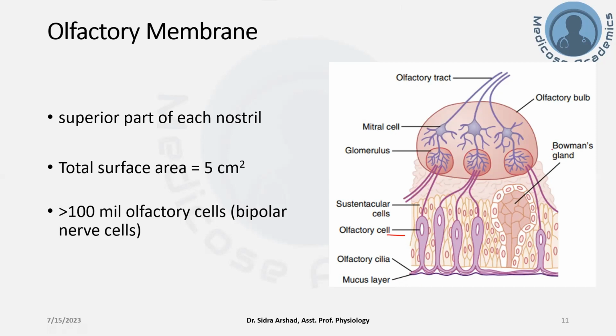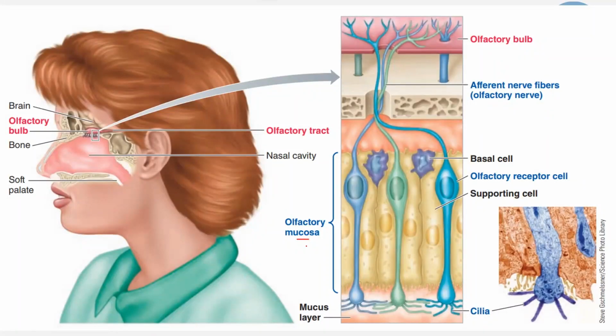You can see there is this Bowman's gland, which secretes the mucus, which is going to concentrate the odorant molecules in this layer so they can bind with the olfactory receptors in the olfactory cilia. So these are the bipolar cells. These are the olfactory cilia to which these odorant molecules can bind. This is the organization of the olfactory mucosa.